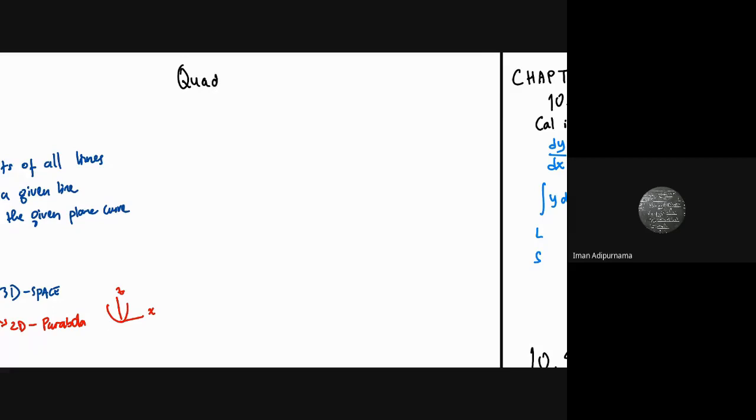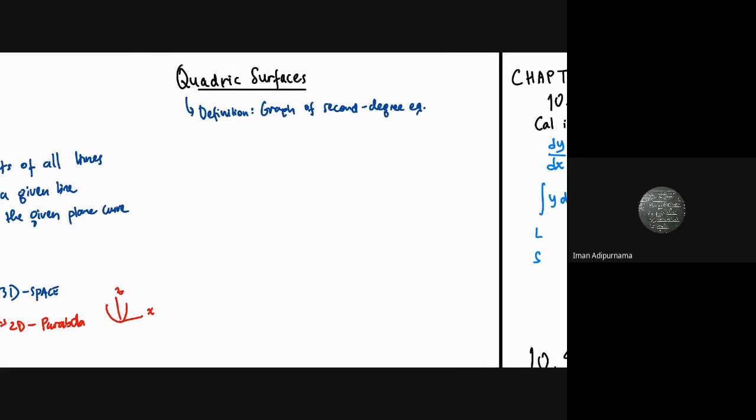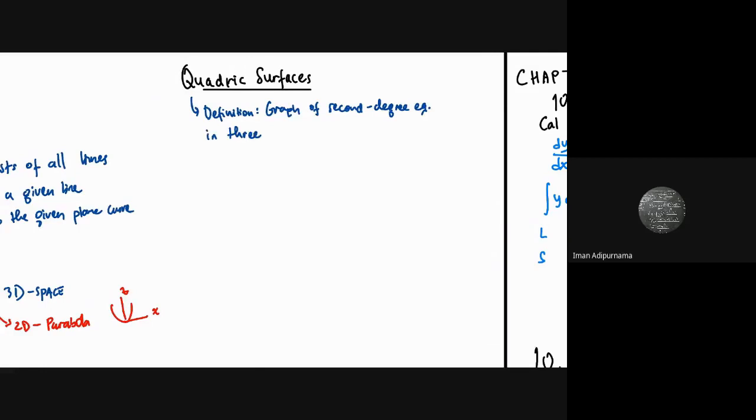The next section of 12.6 is called Quadratic Surfaces. By definition, this is a graph of a second-degree equation in three variables: x, y, and z.